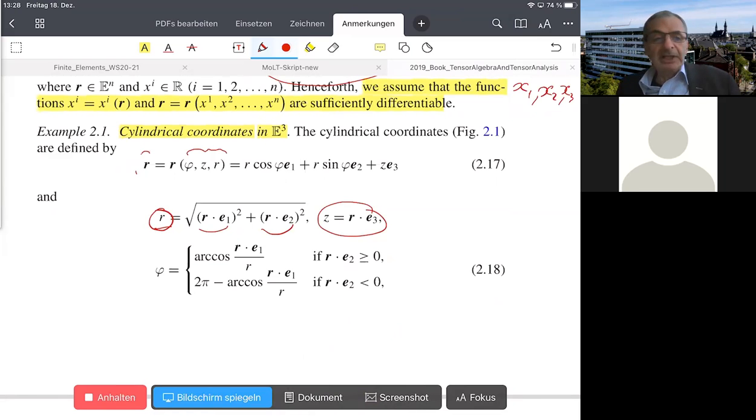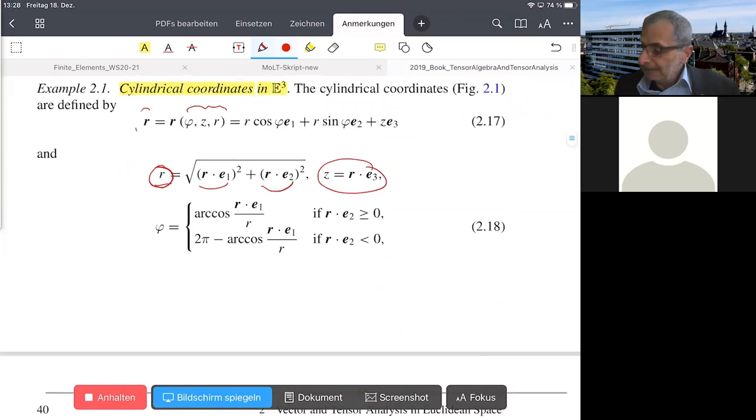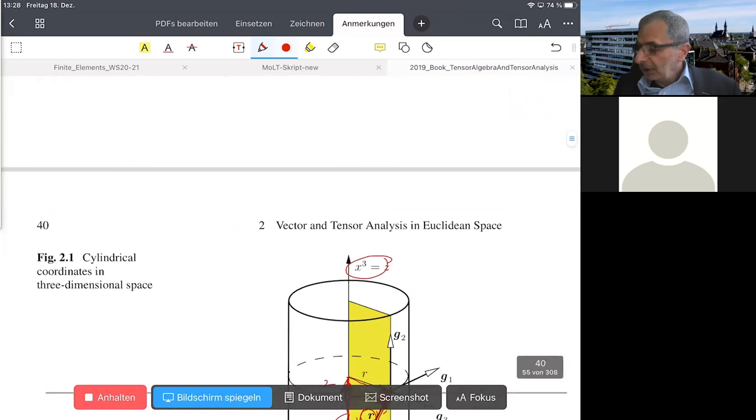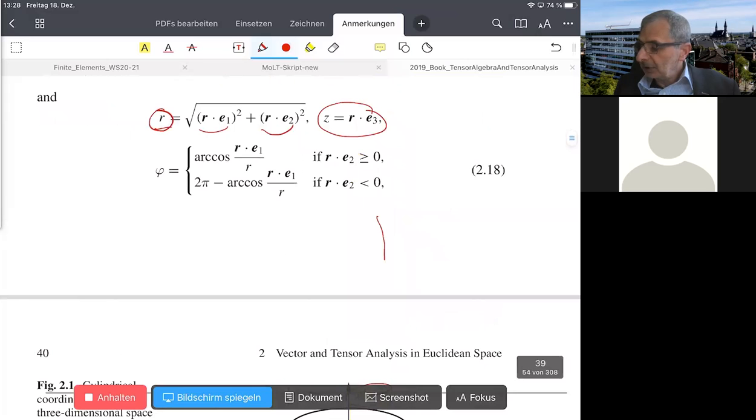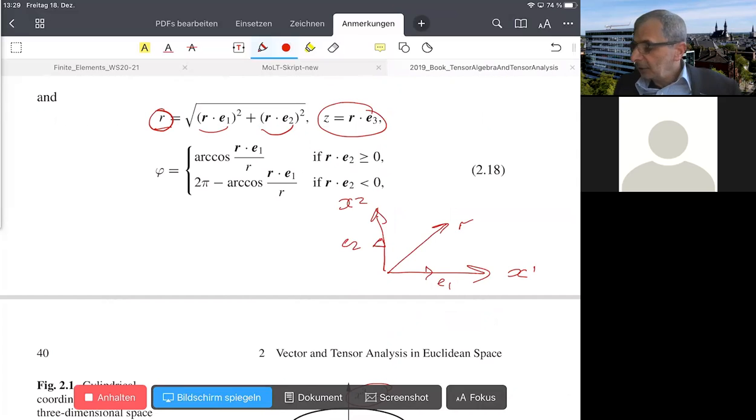A little bit more complex is this with this angle phi, right? Look, just imagine this is my coordinate system, x1 here, x2, and this is my vector r, right? And this is my vector e1, this is my vector e2. How to calculate? I calculate the scalar product of this vector r by e1 and divide by r.